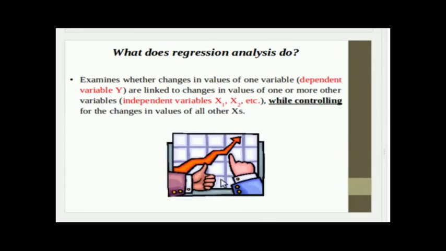In other words, it examines whether changes or differences in the values of one variable, the dependent variable Y, are linked to changes or differences in the values of one or more other variables, the independent variables such as x1, x2, while controlling for changes in the values of all x's.